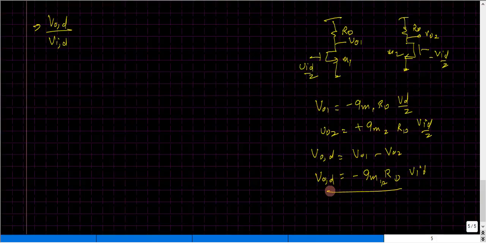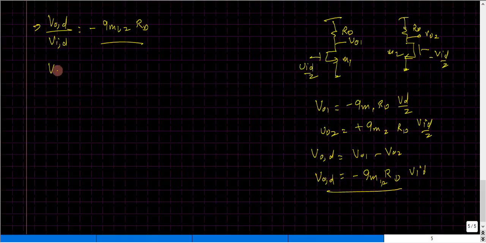So from this I can get the final expression, which is going to be GM1,2 times RD. So this is one of the permutation signals between the two types of inputs and outputs that I have, and clearly this will be the result.